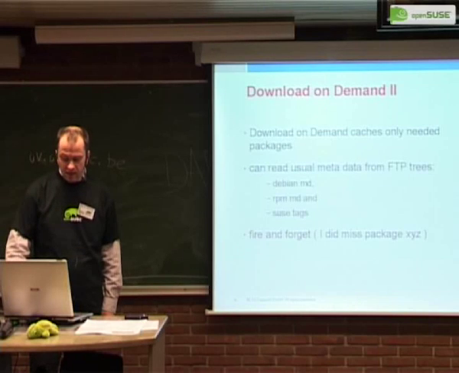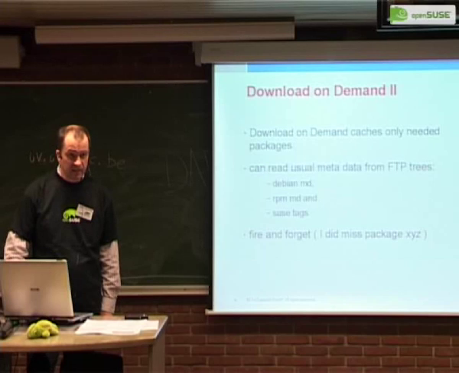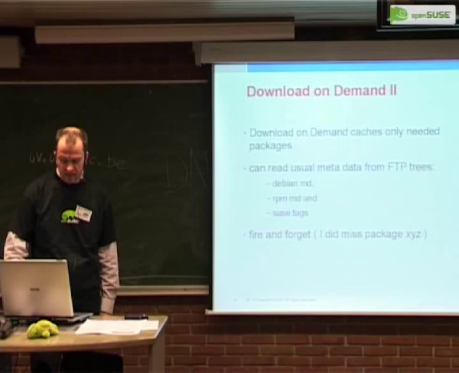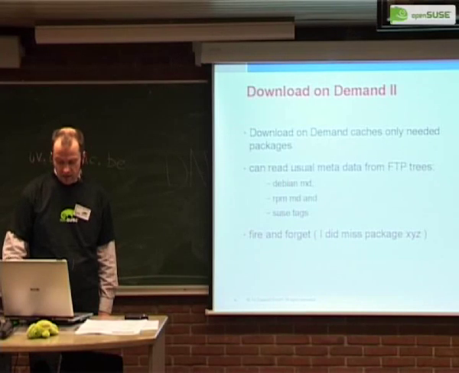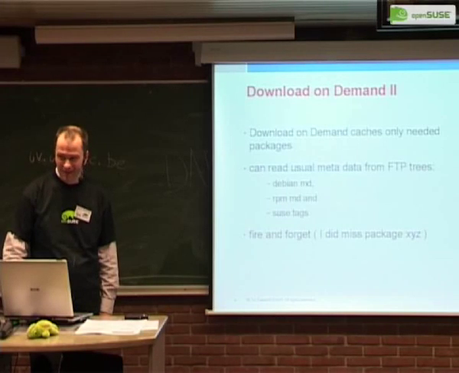Otherwise, it would have been useless what we had designed. And what we implemented is the three metadata systems that currently exist for distributions. That is Debian metadata, that is used for all Debian and Ubuntu distributions. We implemented RPM metadata that was used for SUSE until recently, until the table overflow.